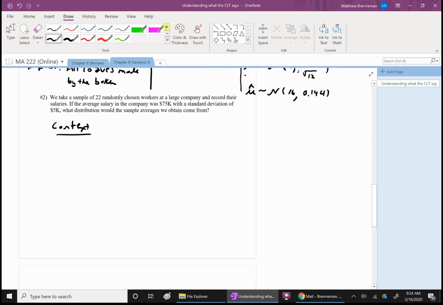When we read this, we see the word average. So we've guessed that our parameter is going to be mu. Average of what? Well, it's the average of the salaries. So that's going to be our variable.